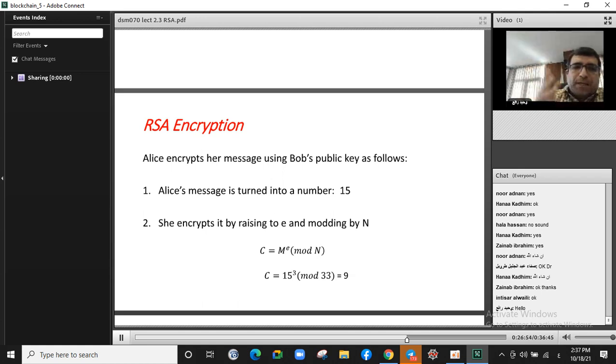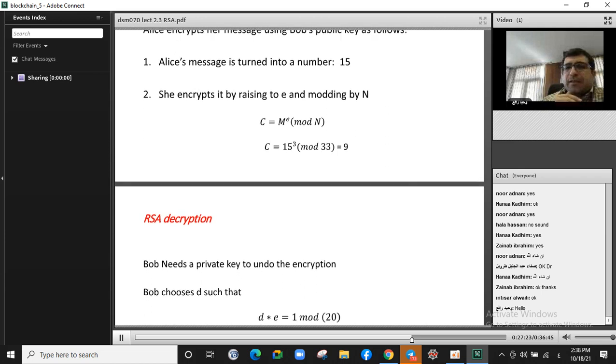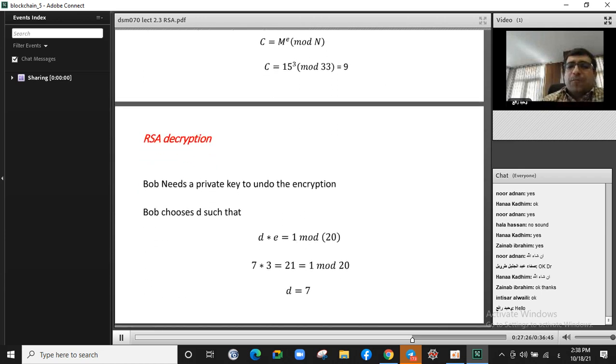Now, Alice sends this encrypted message, 9 in this case, and now how can Bob decrypt the message? I must explain two things. At first, how Bob must choose a private key. For the public key, it's okay, we saw that. And now I must explain how Bob defines his private key, and after that, by which formula Bob can decrypt the message. Okay?